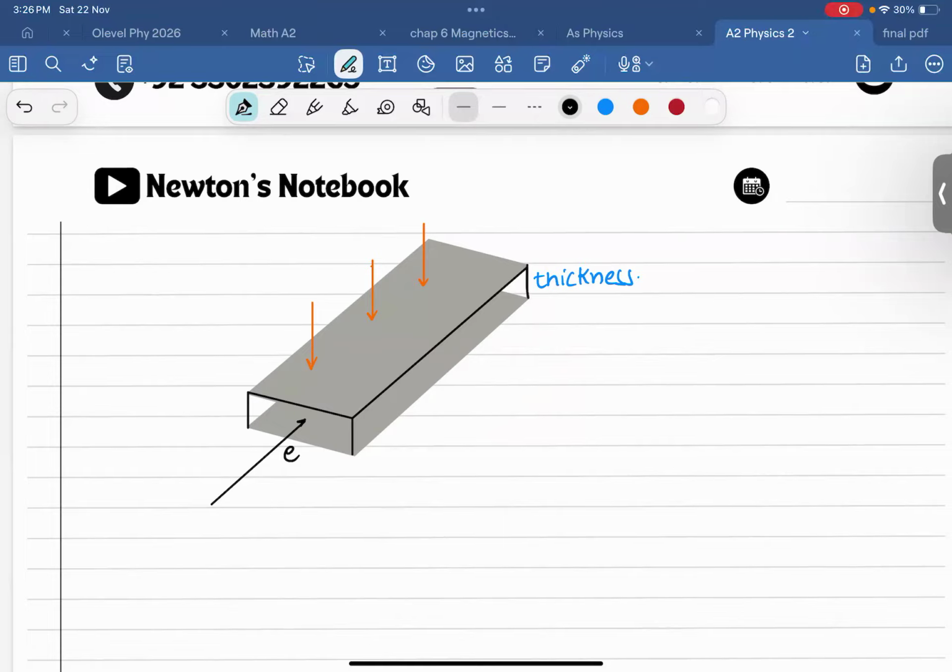I'm asking that I have the magnetic field mentioned, and the electron direction is also mentioned, and I'm just asking in which direction should the electron deflect if you use Fleming's left hand rule? Any idea?